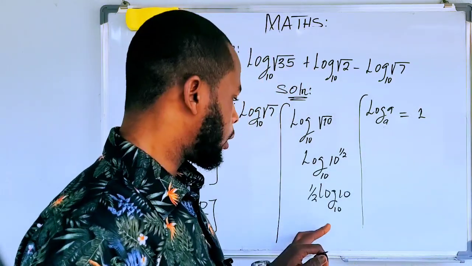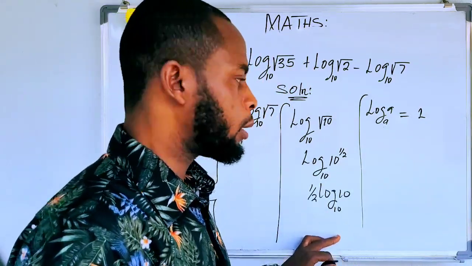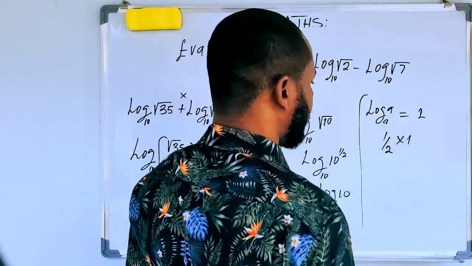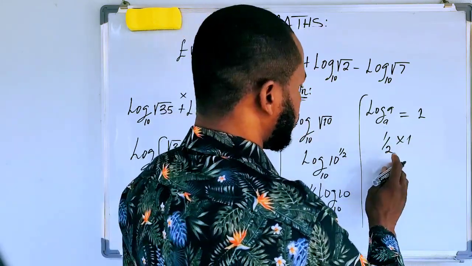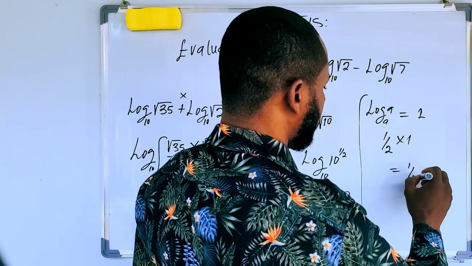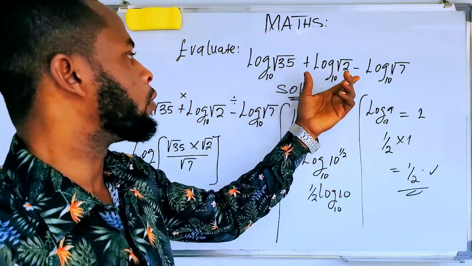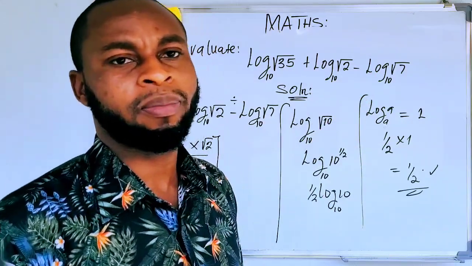Therefore, log 10 to base 10 is 1, and as such, the expression becomes 1 over 2 multiplied by 1, and this equals 1 over 2. And this is the answer to this given logarithmic expression here on the board.